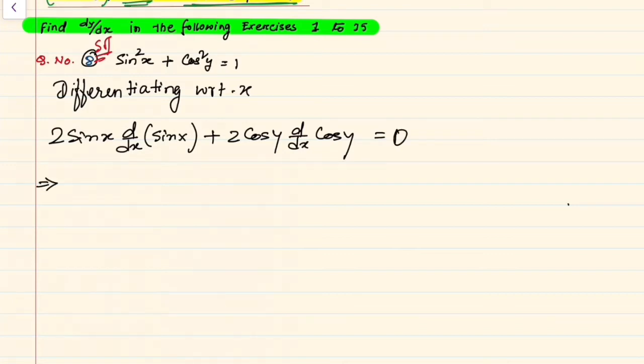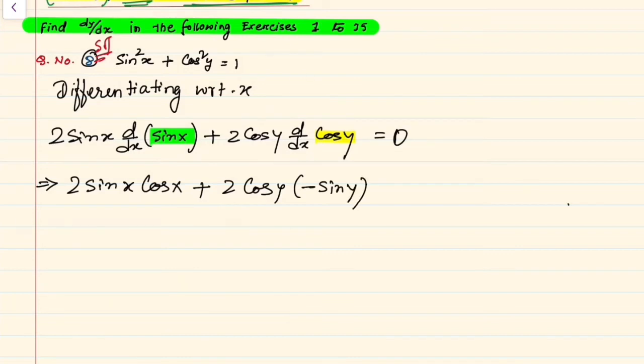So here 2 sine x, and derivative of sine x is cos x, so 2 sine x cos x plus 2 cos y, and derivative of cos y will be sin y, sorry, minus sin y, and as it is not a function of x but we are differentiating with respect to x, then again dy dx equal to 0.